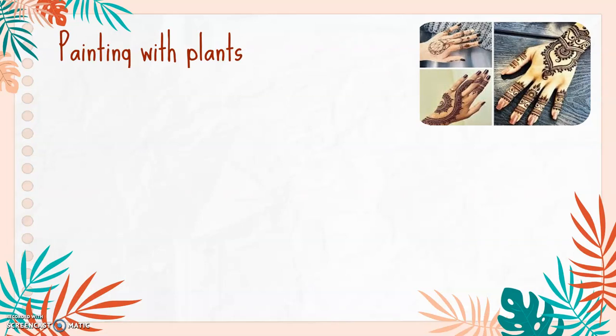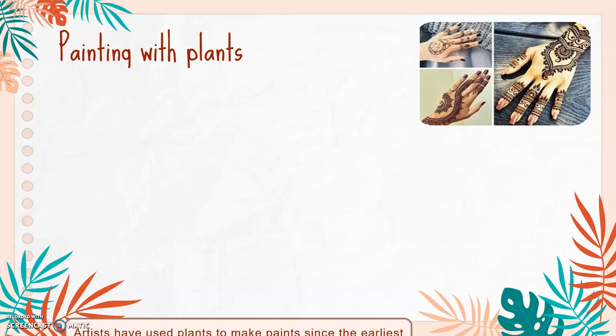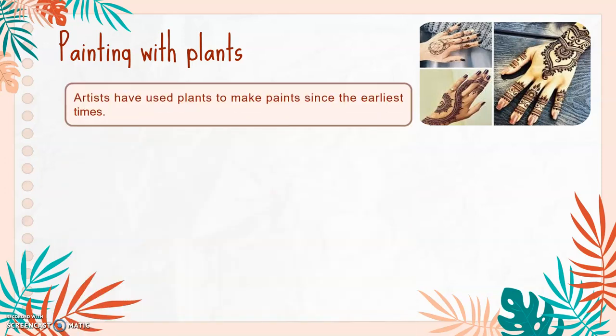Okay, next we move on to the next page about painting with plants. You can see in the picture the paint on the hand. Maybe in this painting with plants, we can see India and henna. Artists have used plants to make paint since the earliest times. Jadi, mereka sudah menggunakan plants untuk menggambar sejak dulu.